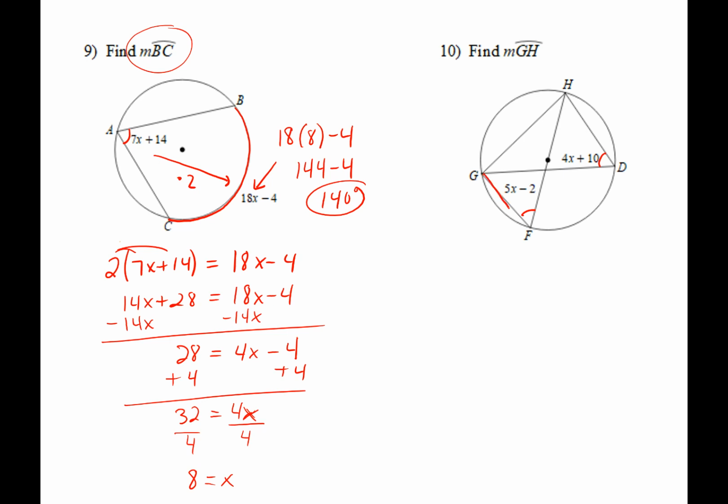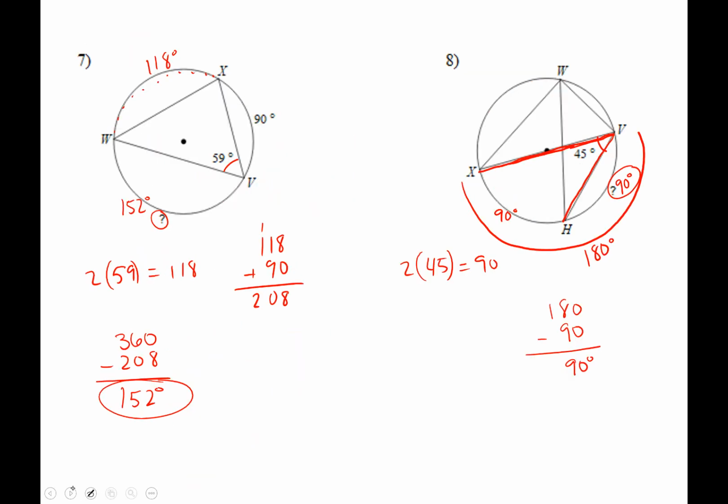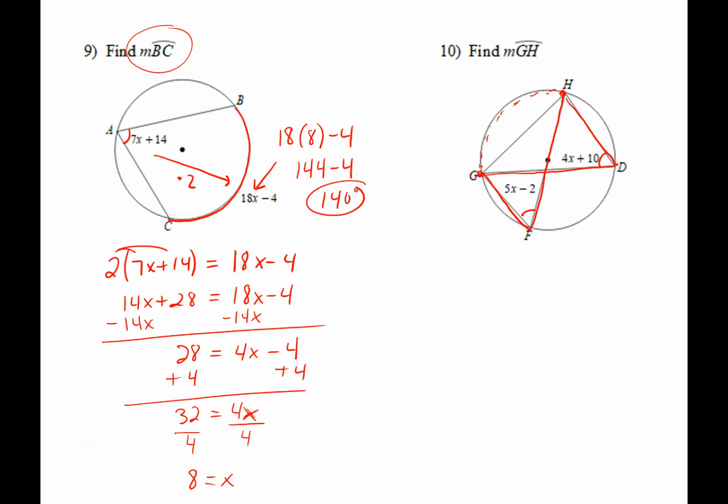If we trace those angles, they happen to intersect the same arc. So if I trace this one back, it intersects that same arc. They both intersect the arc GH. Let me draw that in a different color so we can see that just a little bit better.